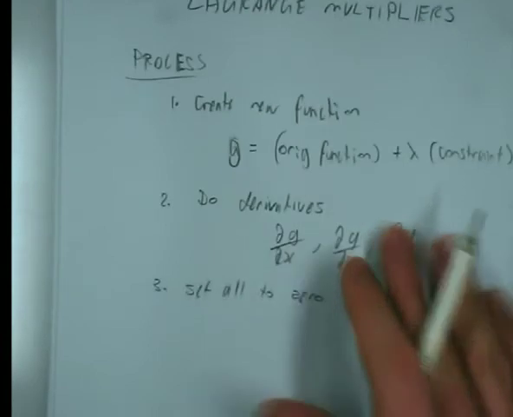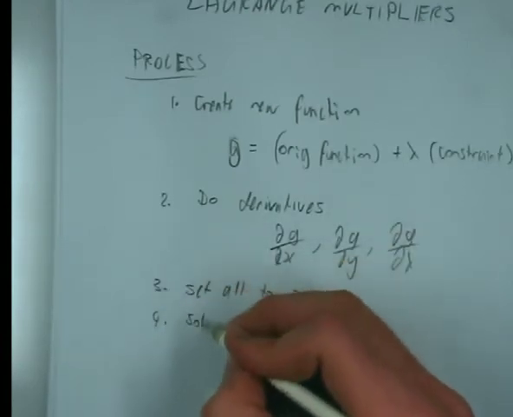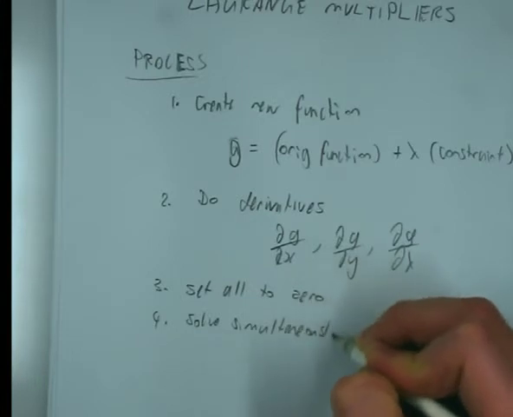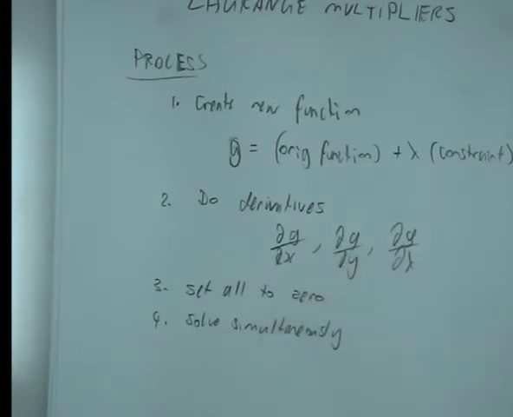Set them all equal to 0, and solve them simultaneously. What I'm not going to do at the final step is the check with the second derivative test. That's not included here.